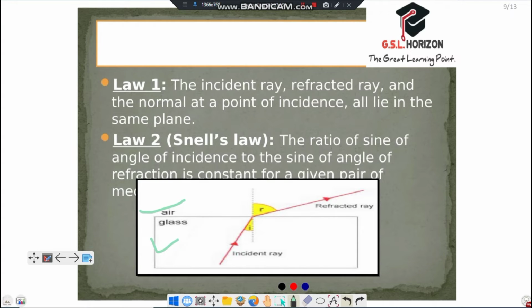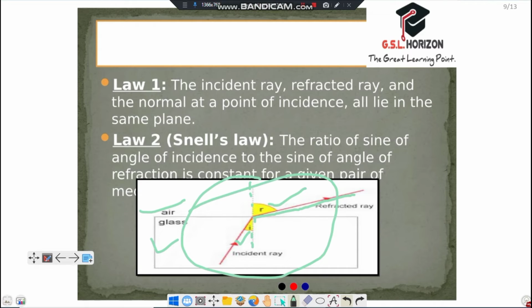Here the incident ray comes and moves at some angle. This one is the refracted ray and this one is the incident ray. All of them, and the normal at the point of incidence, lie in the same plane.